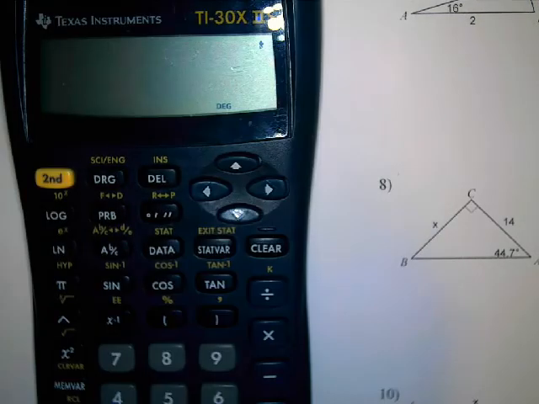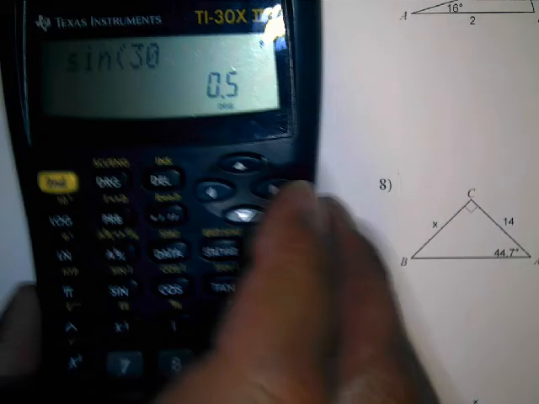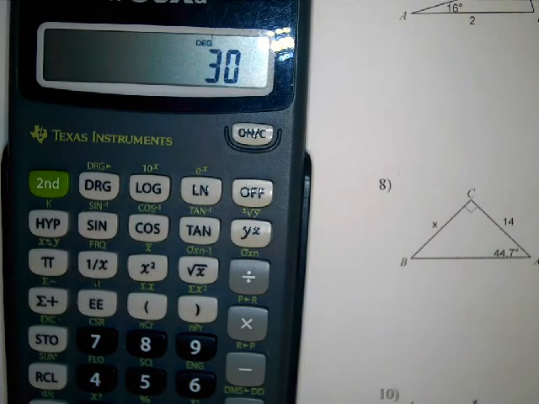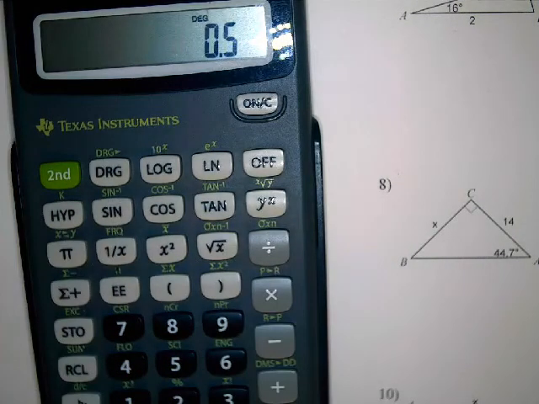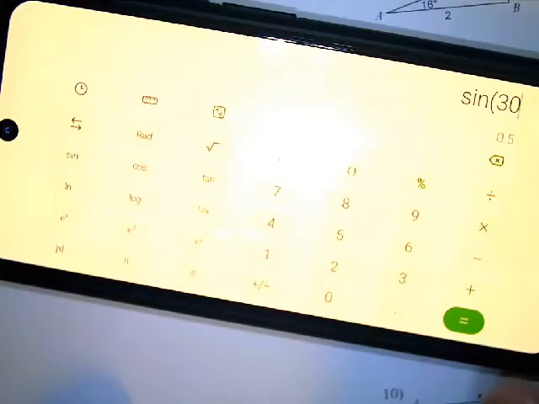You see the difference? Again, on the other one, you put sine and then 30, and then you hit enter. On this one, you have to put the degree first and then hit the sine button.